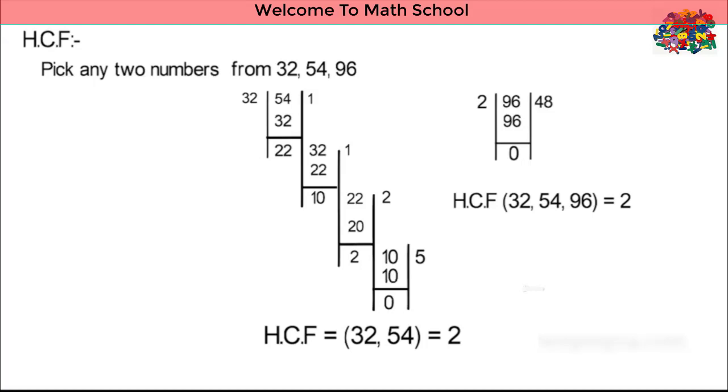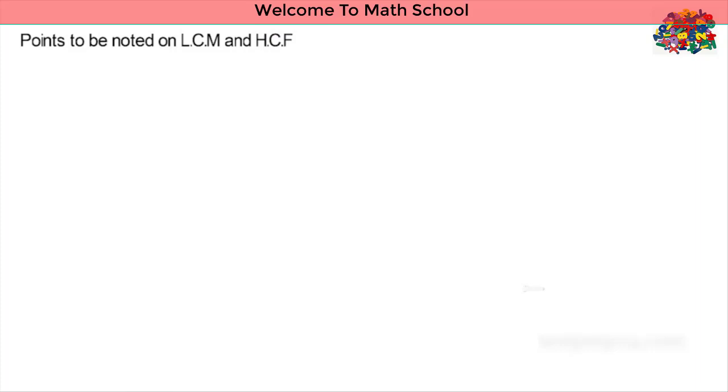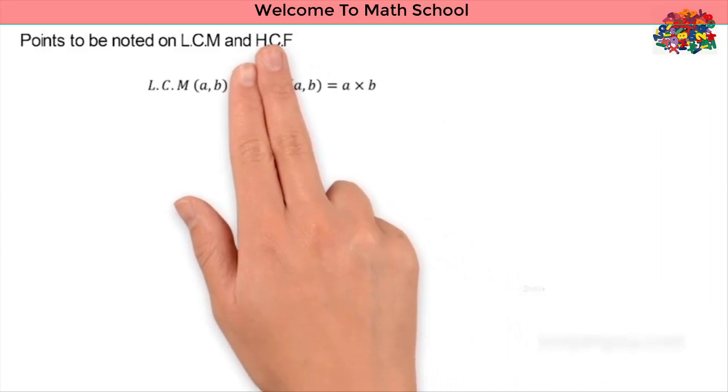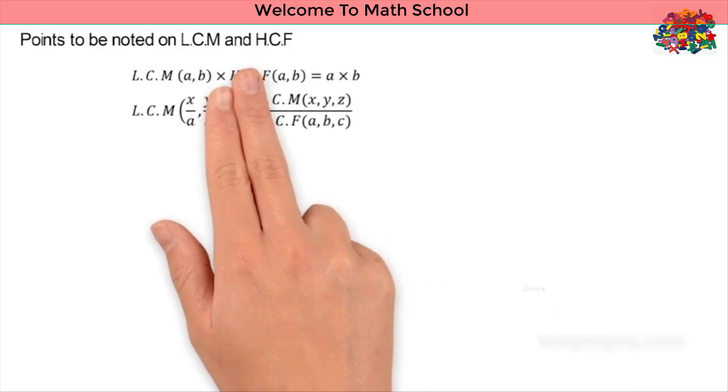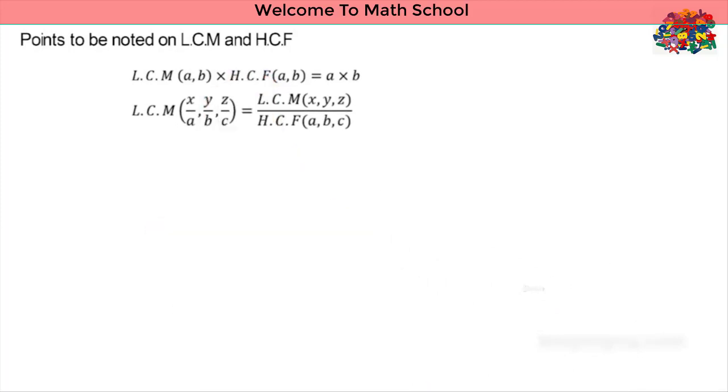Now some points to be noted while you are doing your LCM and HCF sums. Whenever there are two numbers, the LCM of A and B multiplied with the HCF of A and B is equal to A into B. If you want to find the LCM of X by A, Y by B and Z by C, it is nothing but LCM of XYZ divided by HCF of ABC.